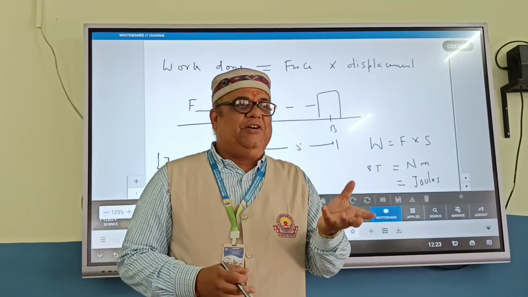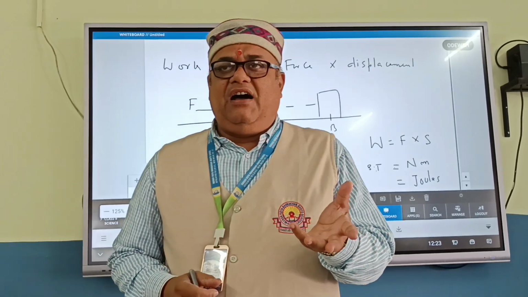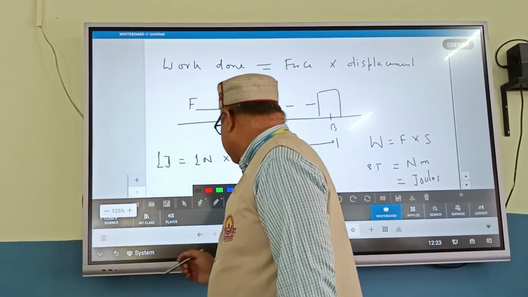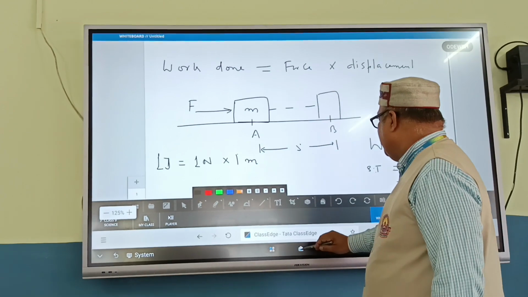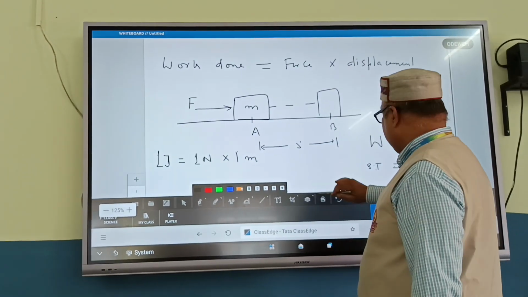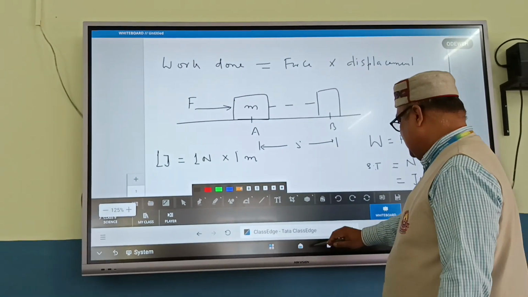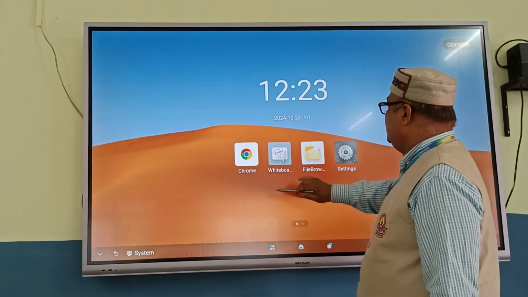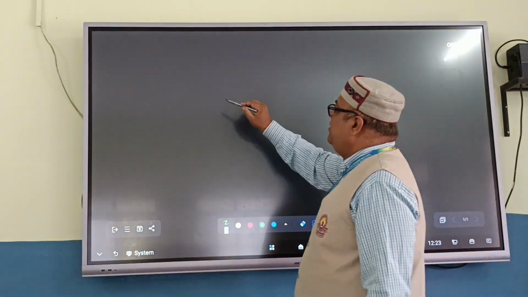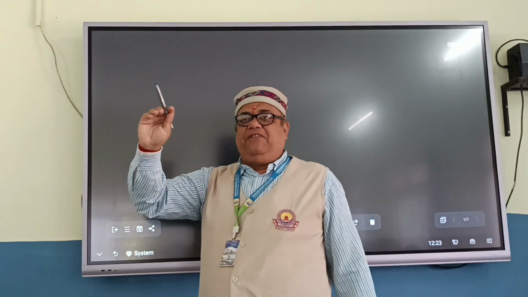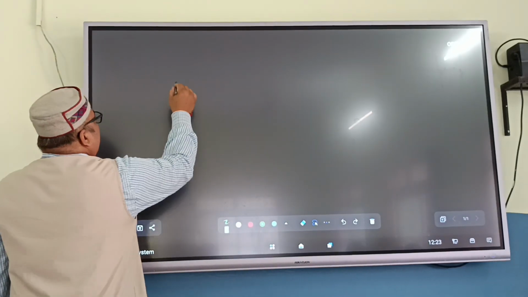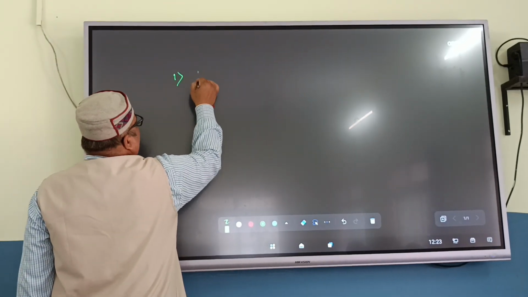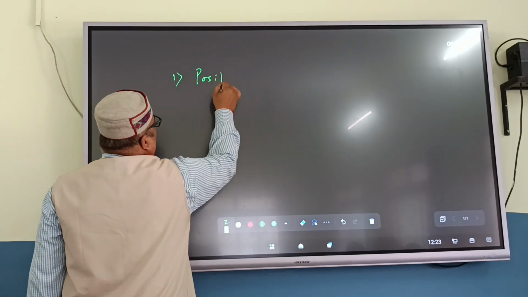When will work done be positive? I am giving you an example. Let me go with some whiteboard, basic whiteboard. There are various kinds of work done. The first one is positive work done.